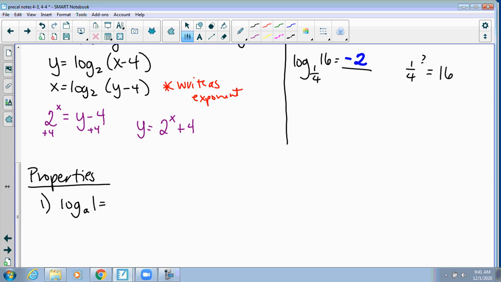So this is the first one that we see a lot, that if we have log of 1, it doesn't matter what the base is. Any number to what power is going to give you 1? And remember, that is the 0 power. So anything to the 0 power is going to give you 1. So if you see log 1 in any form, your answer is just going to be 0.